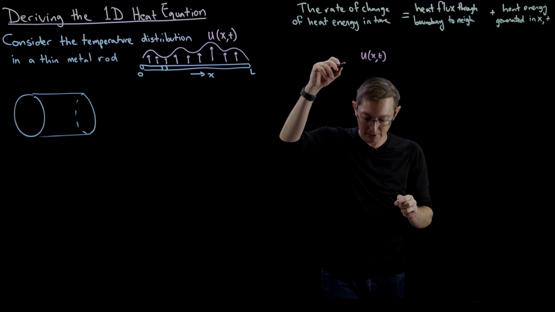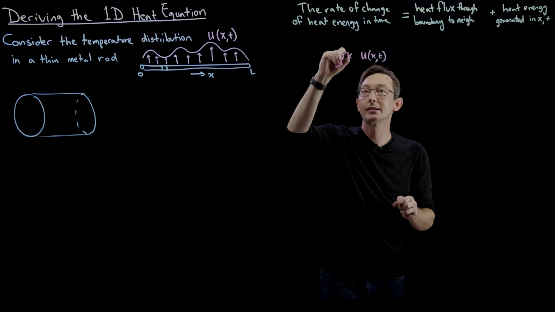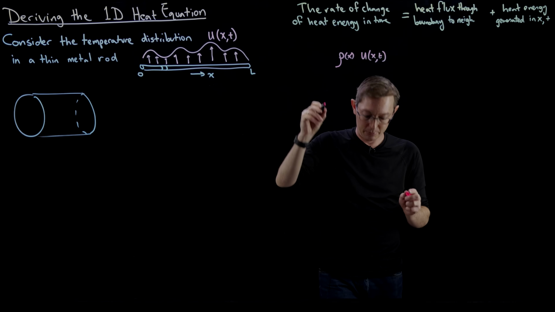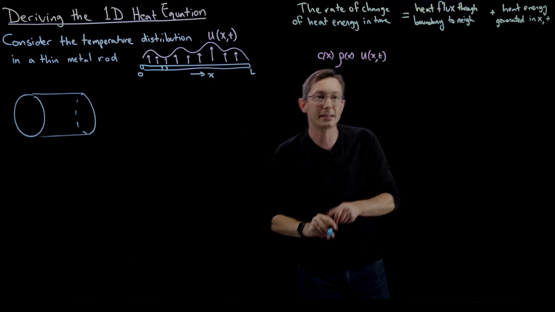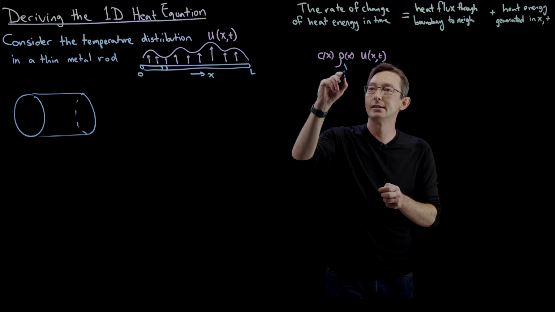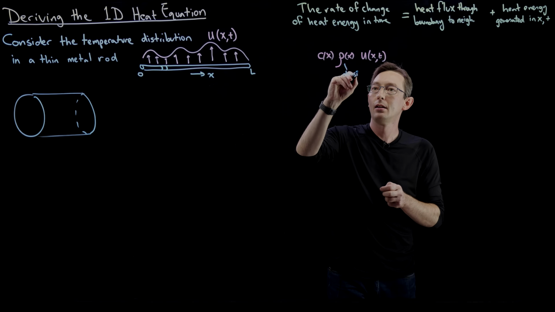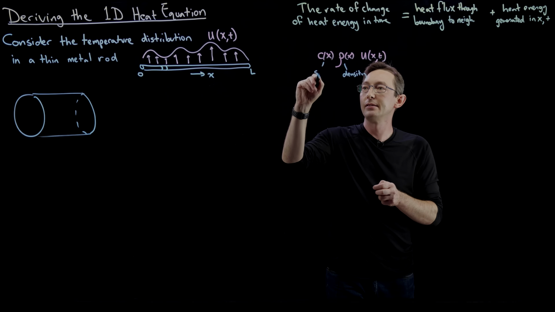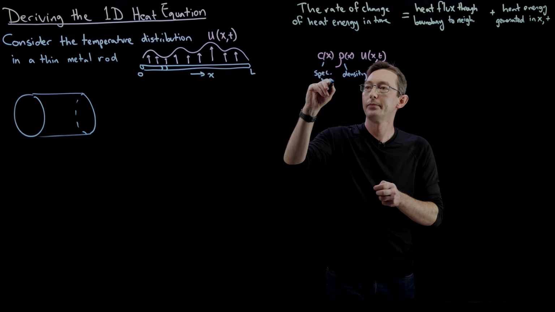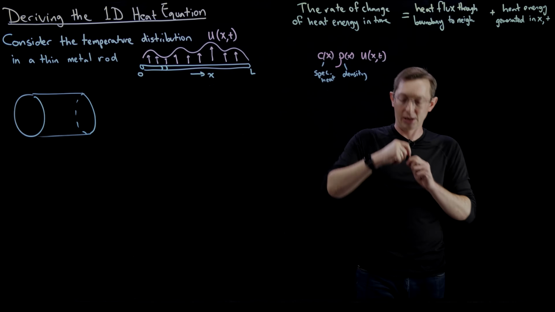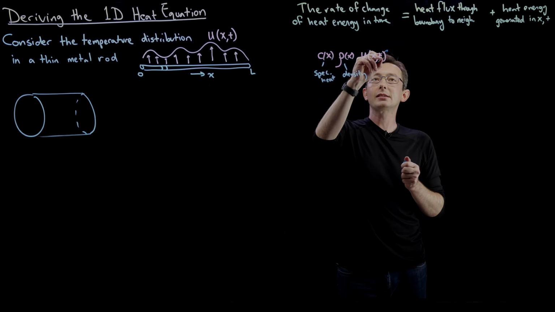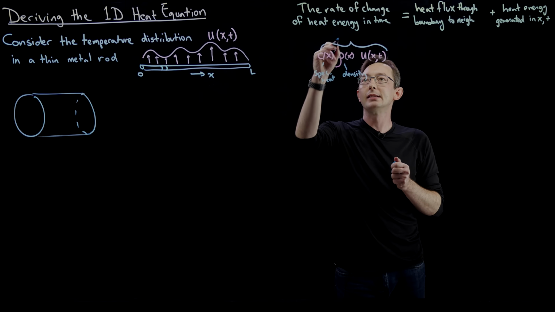I have to multiply this by rho of x, the density, and by c of x, the specific heat. So I'm going to write these down, otherwise I'll forget. So this is the density. This is the specific heat, kind of the heat capacity of the object. And this whole thing here is the heat energy.